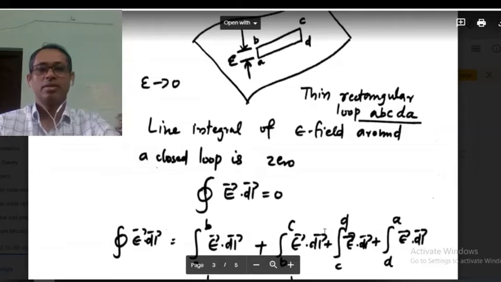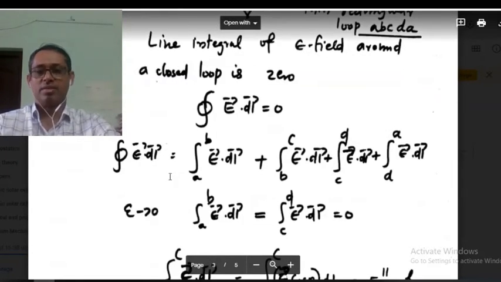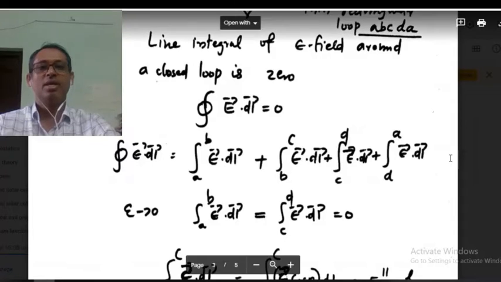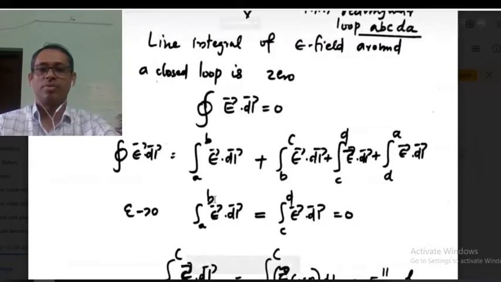We start from A, we move to B, then from B to C, then from C to D, then get back to A, from D to A. So that is written here: A to B E dot dl, B to C E dot dl, C to D E dot dl, D to A E dot dl. So the line integral of the electric field around a closed loop.